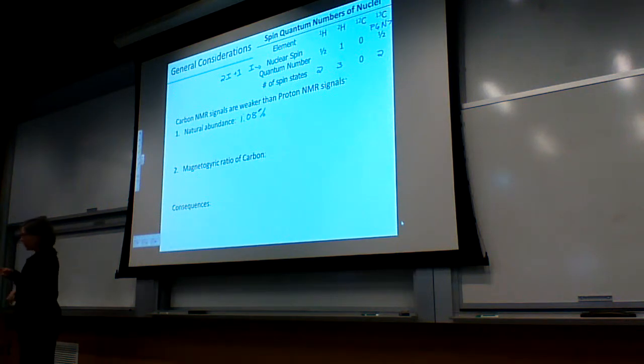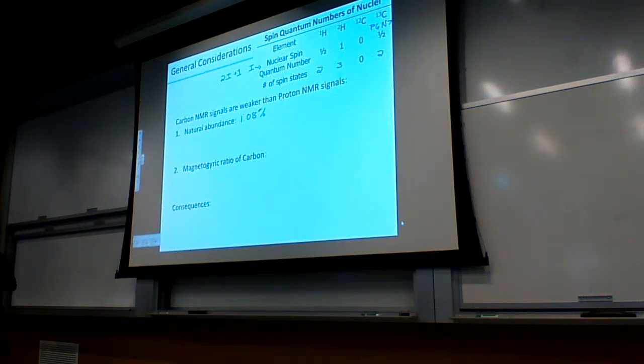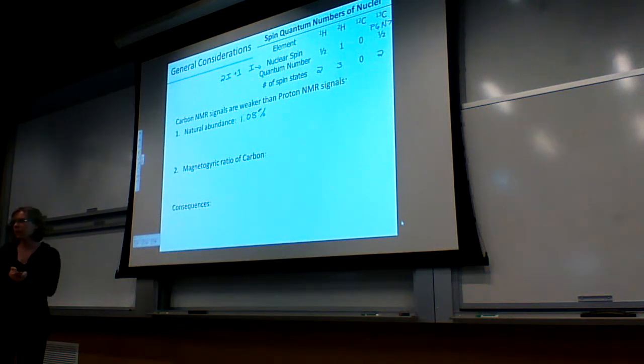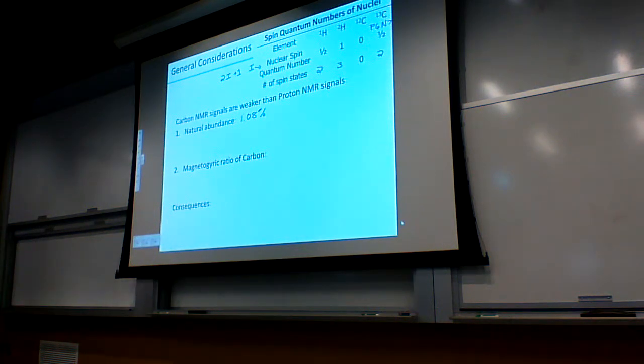And this has a couple consequences. Number one, we need a lot more of the carbons in the sample overall in order to get enough signal to read. So we need lots of sample.